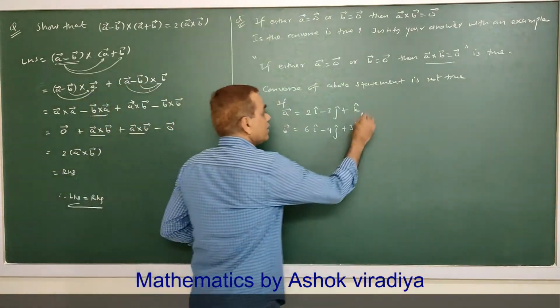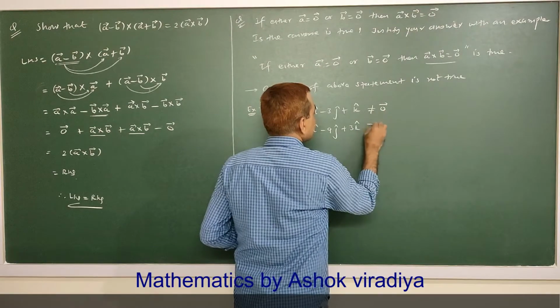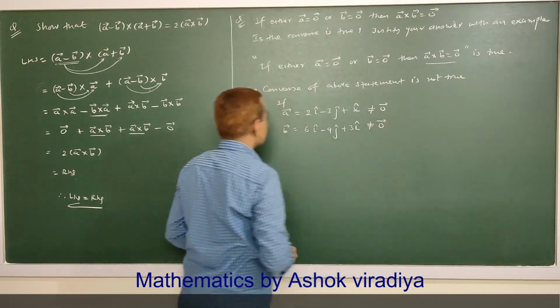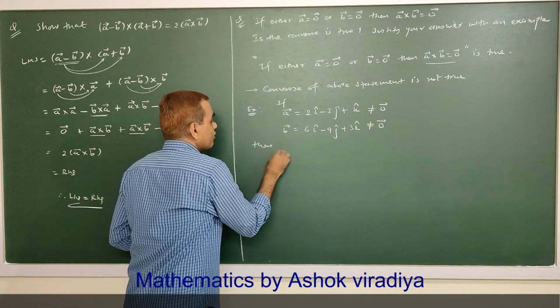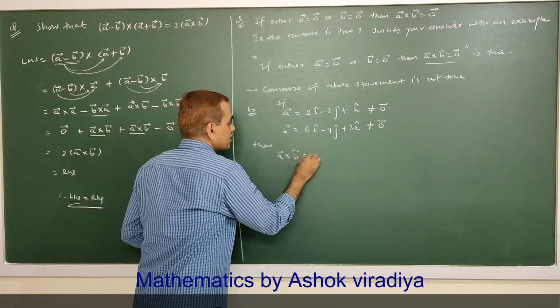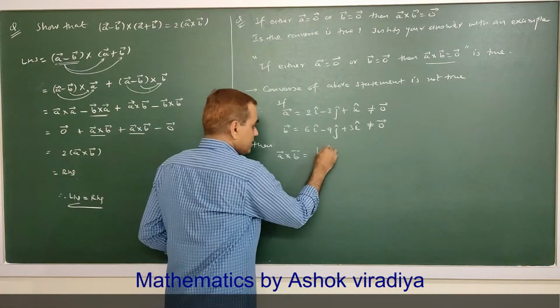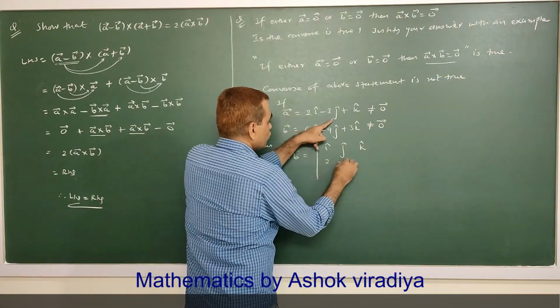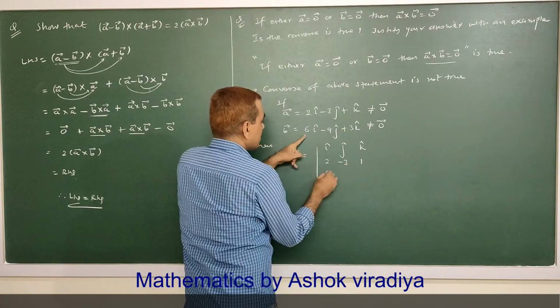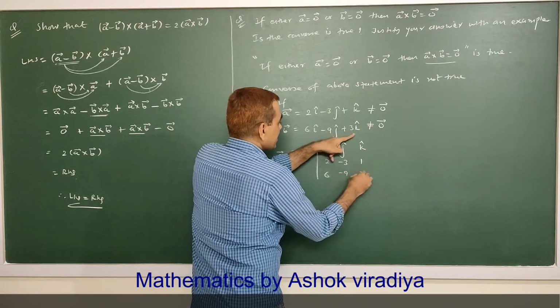So this is not zero vector. This is not zero vector. But if we find cross product of these two vectors, then first row is i j k, second row is 2 minus 3 1, third row is 6 minus 9 3.